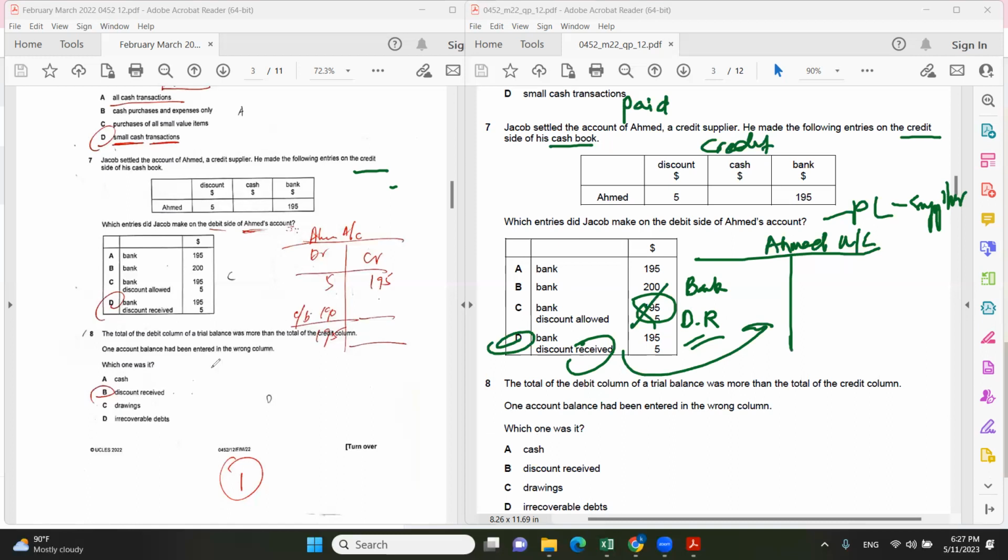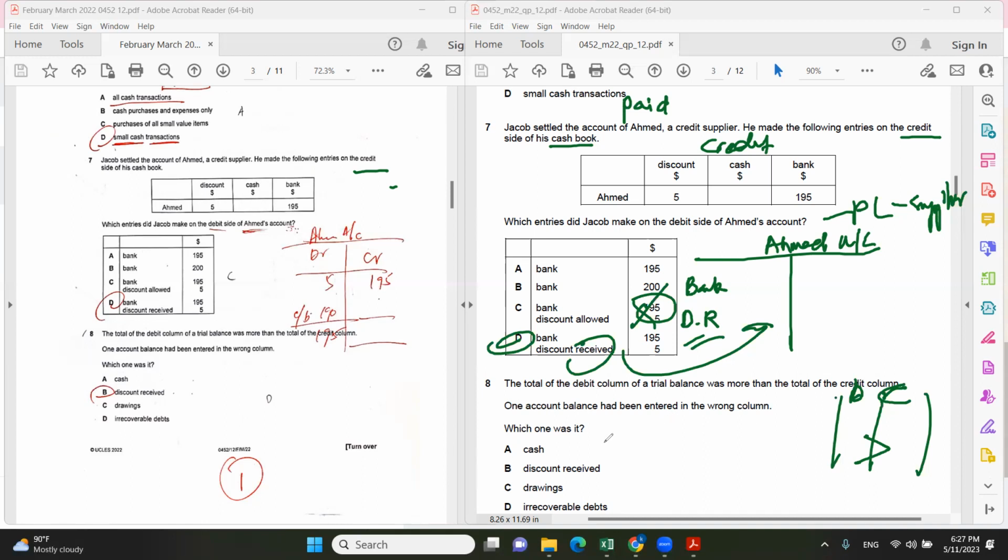Okay, next. The total of the debit side of the trial balance was more than the total credit side. So this trial balance, debit and credit. So debit is more. One account balance has been entered on the wrong side. Which one was it?